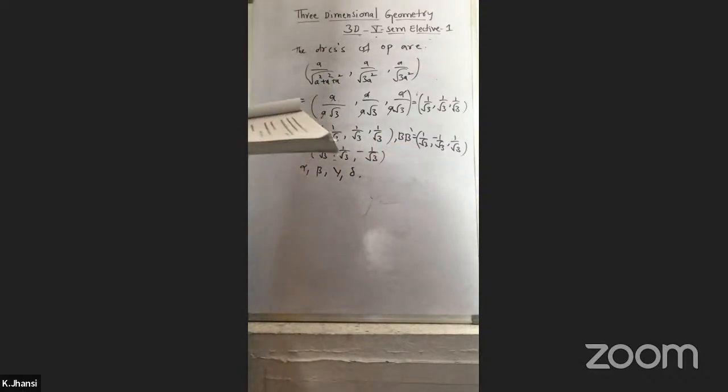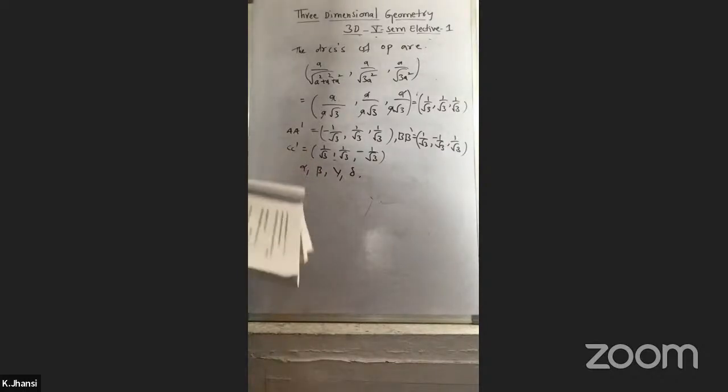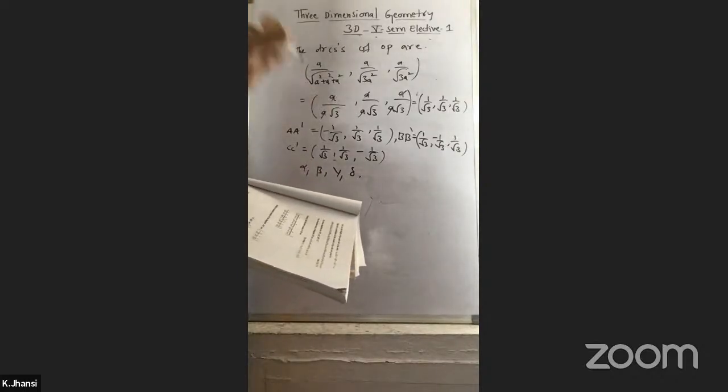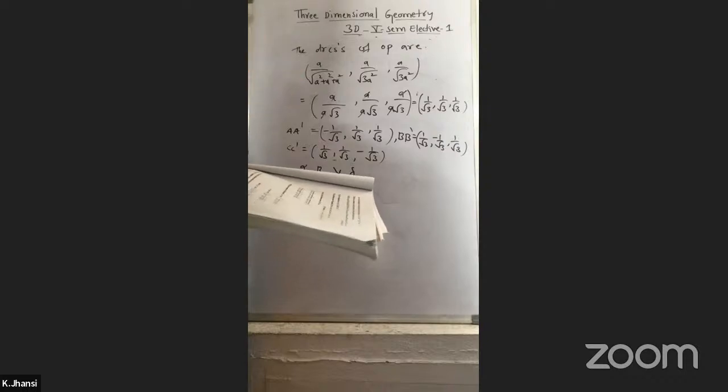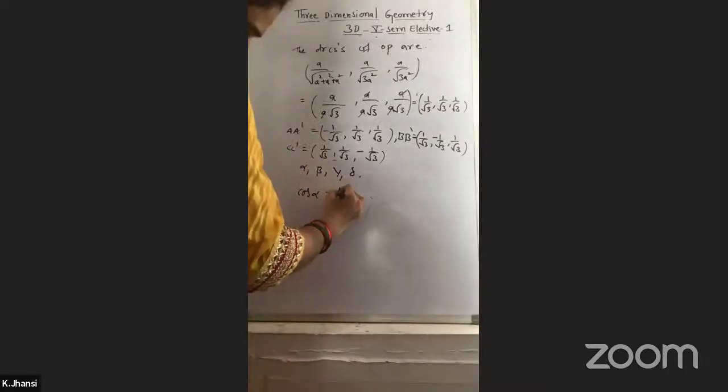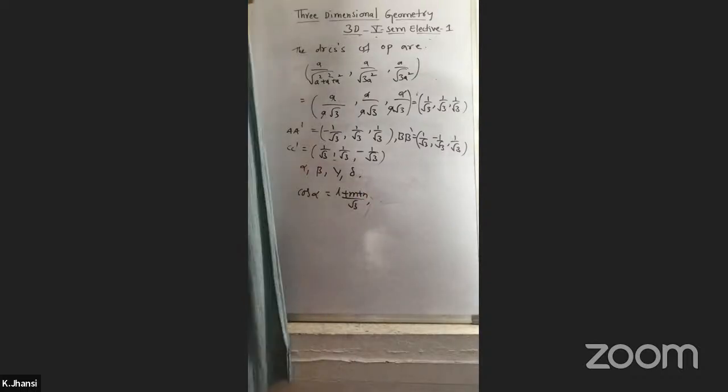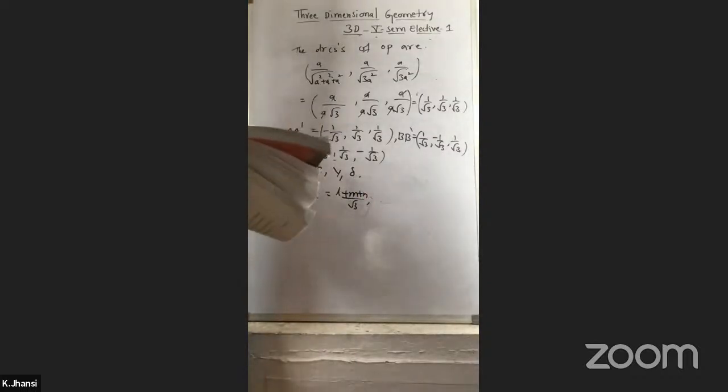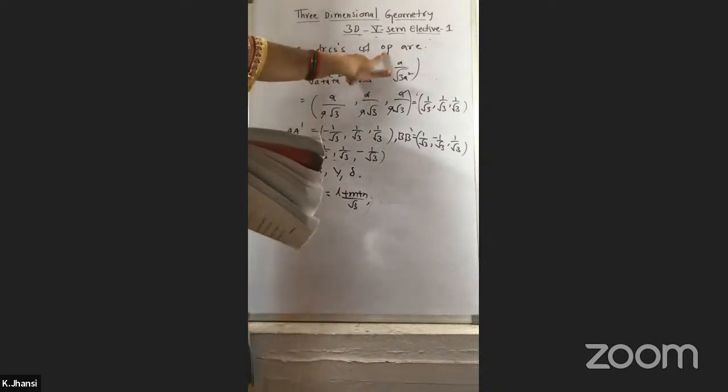Okay. So respectively, then we have L equals cos alpha, M equals cos beta. With the help of the relation, cos alpha is equal to L plus M plus N by root 3. So cos alpha is the angle it makes with OP.